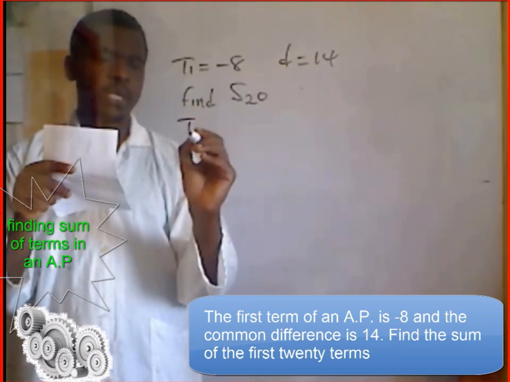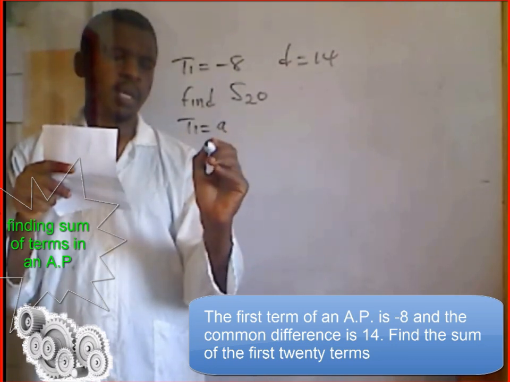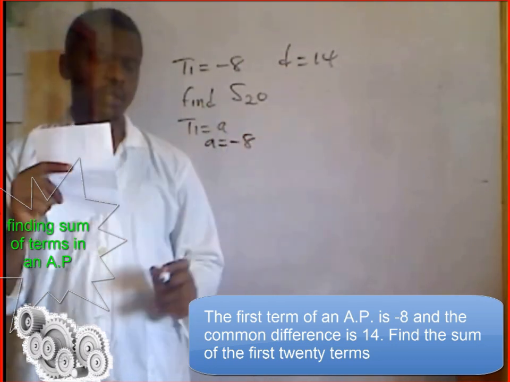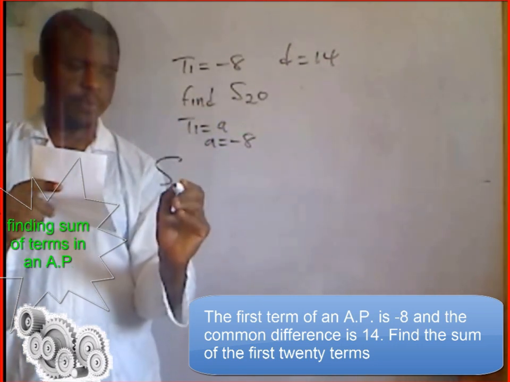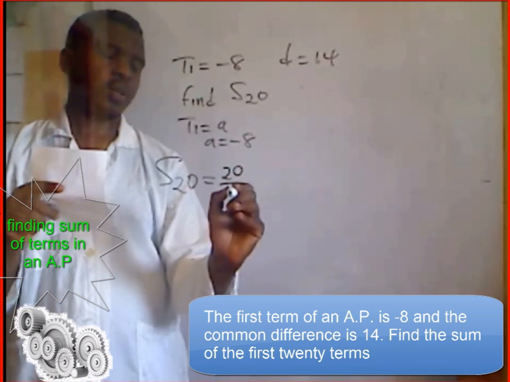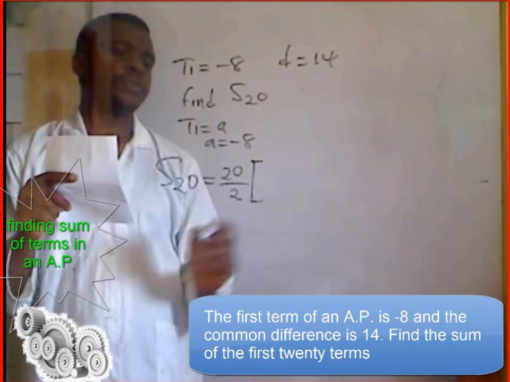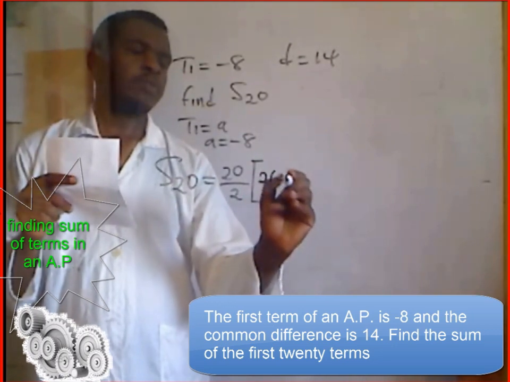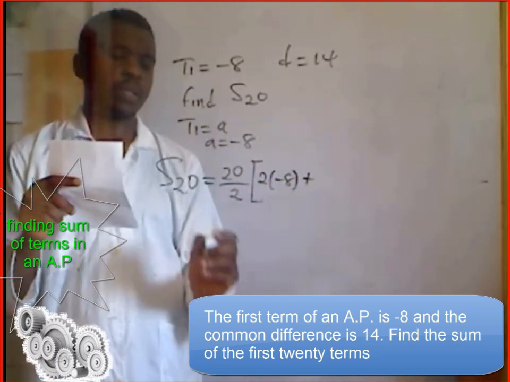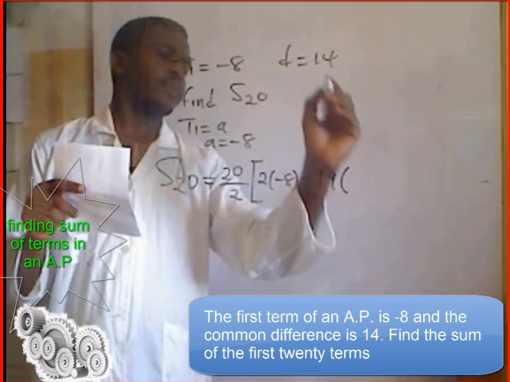Now, our T1 is equal to A, therefore A is equal to minus 8. The sum of the first 20 terms will be 20 all over 2 factor of 2 times minus 8 plus 19d. Our d is 14.